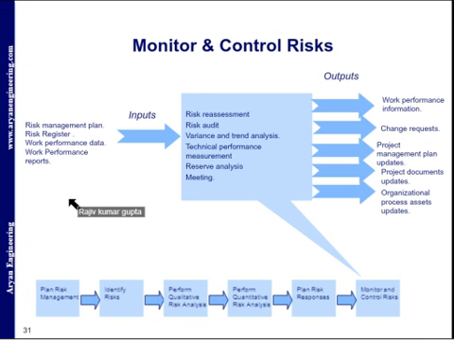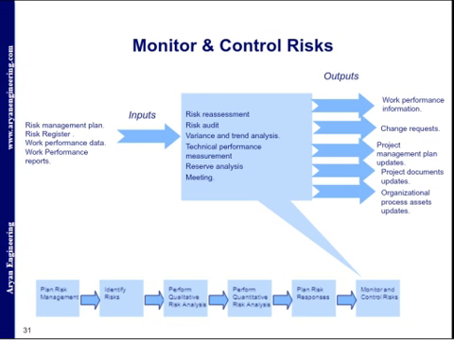The purposes of the Control Risks process are to determine whether project assumptions are still valid, whether analysis shows an assessed risk has changed or can be retired, whether risk management policies and procedures are being followed, and whether contingency reserves of cost or schedule should be modified in alignment with the current risk assessment.